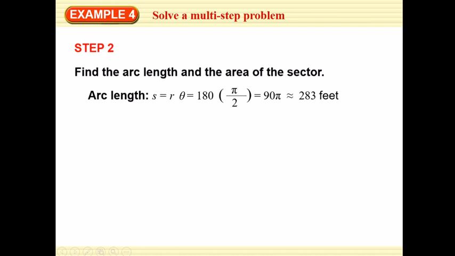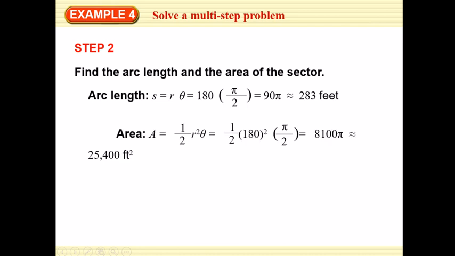So arc length, S equals r times theta, so I have 180 feet times pi over 2, which gives me 90 pi, or approximately 283 feet. And then the area, making sure that I have 180 feet in for r, which is my radius, and theta, which is my central angle.